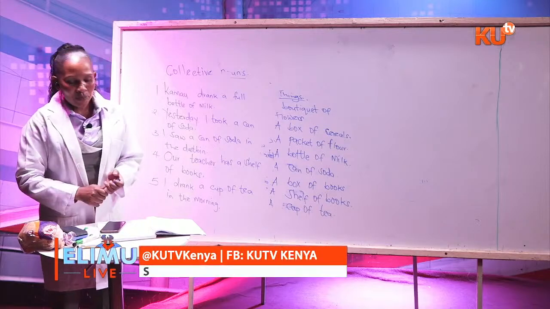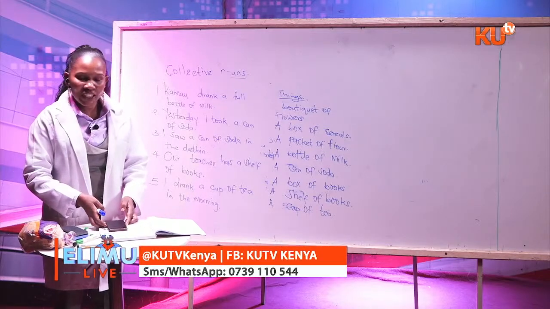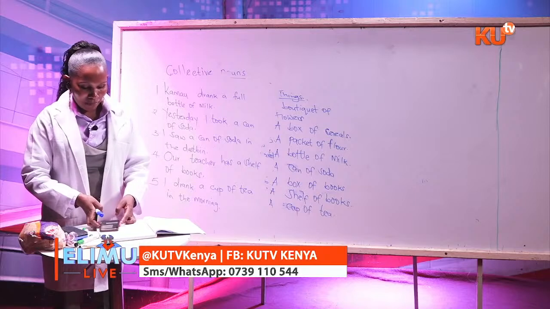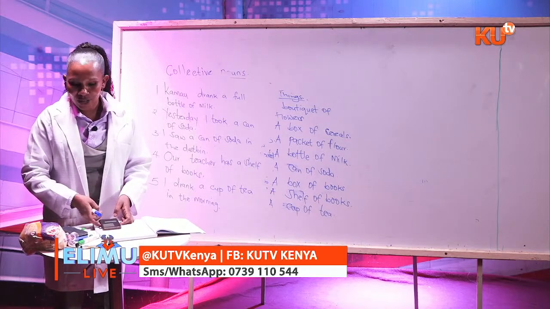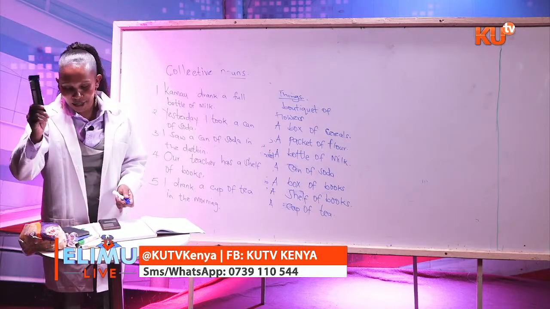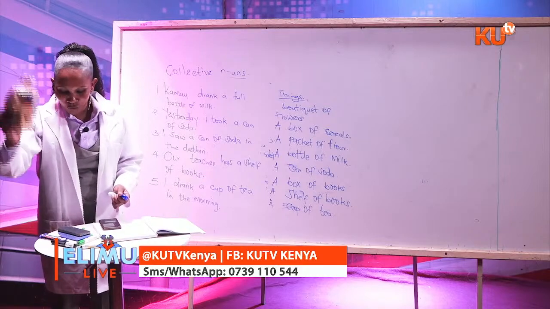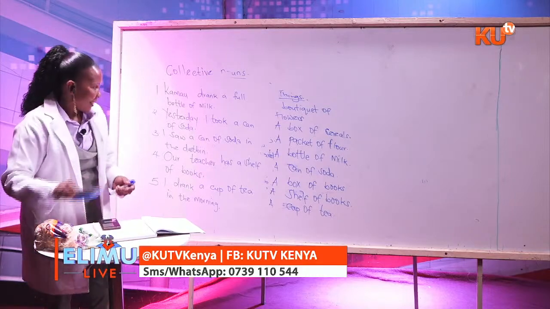I'll be giving you some questions. You fill in about collective nouns. Once you get it right, I'll give you a bar of chocolate or a loaf of bread, which I have here. Number 1.